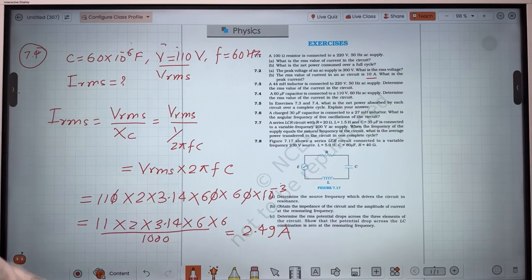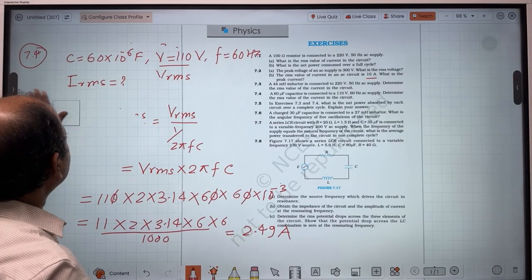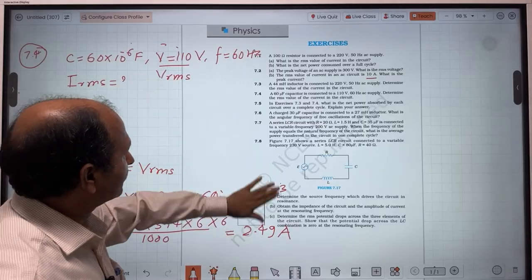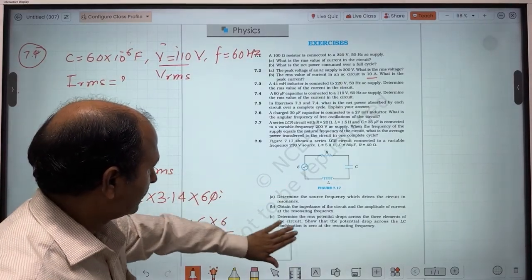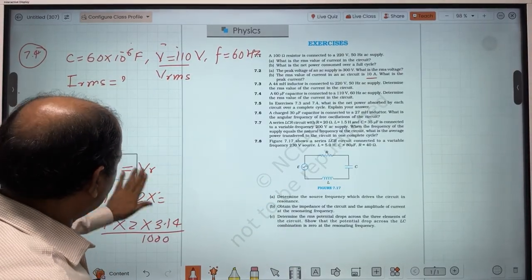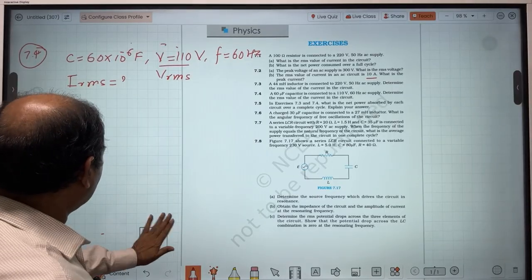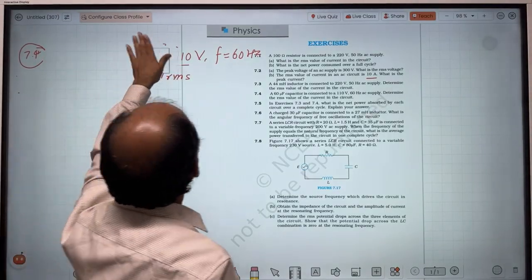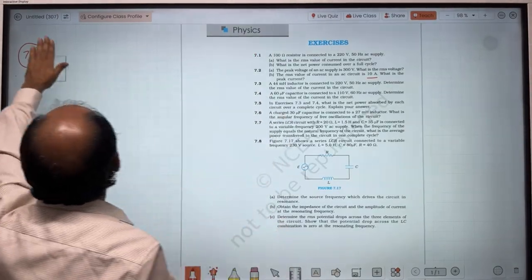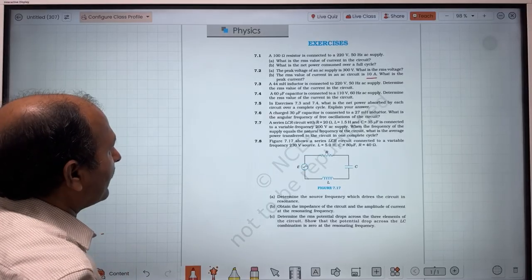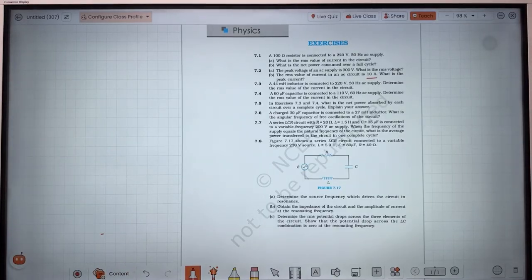You have understood? Now let's see the next question. The next question says, in exercise 7.3 and 7.4, what is the net power absorbed by the circuit over a complete cycle?